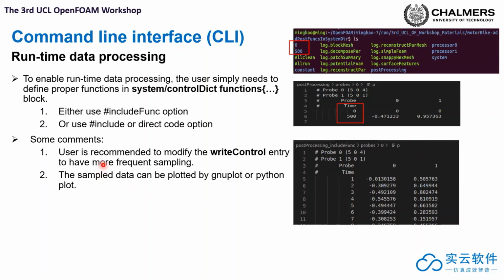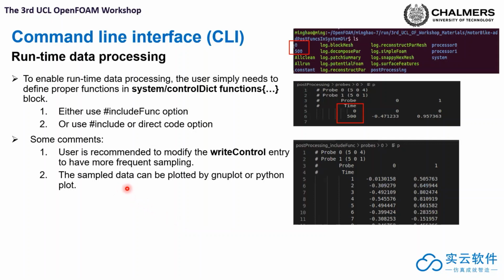A few comments: the user is always recommended to modify the writeControl entity to have more frequent sampling. The default writeControl is the same as the writeInterval, but you can always change this to writeControl timeStep and then writeInterval, let's say every 5 time steps or every 10 time steps.